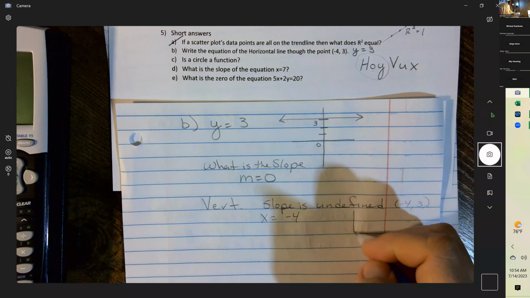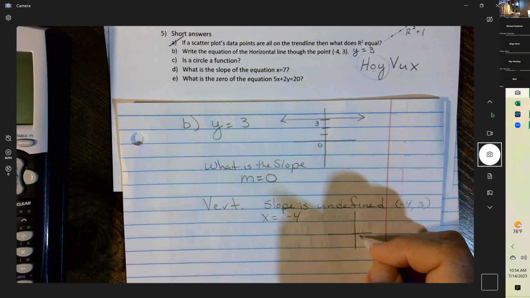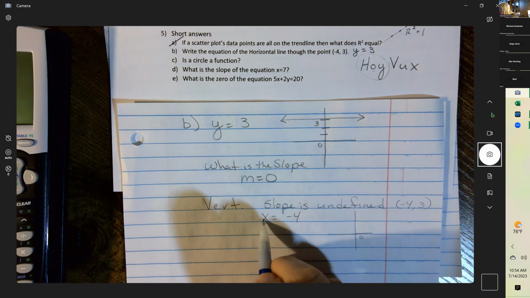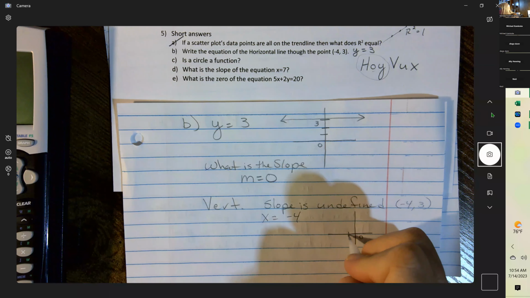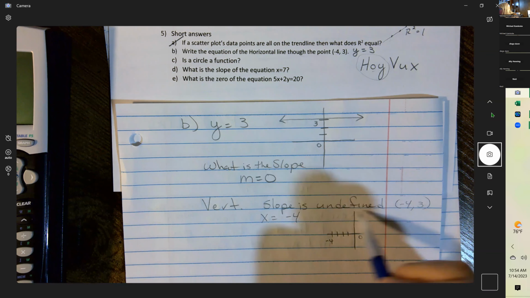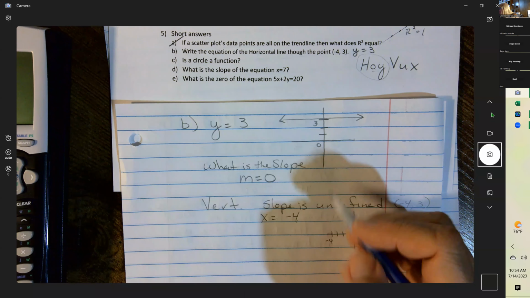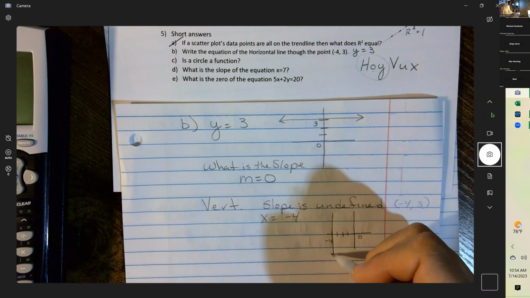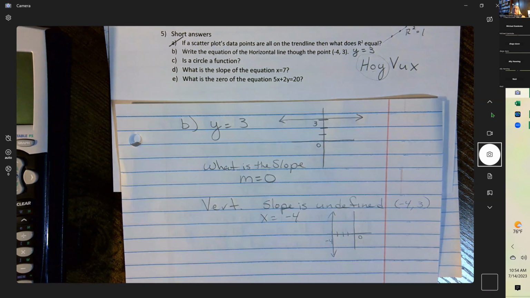To graph it, it crosses the x-axis at -4. And we know it's a vertical line. So there's 2 problems that use this. Any questions on that?